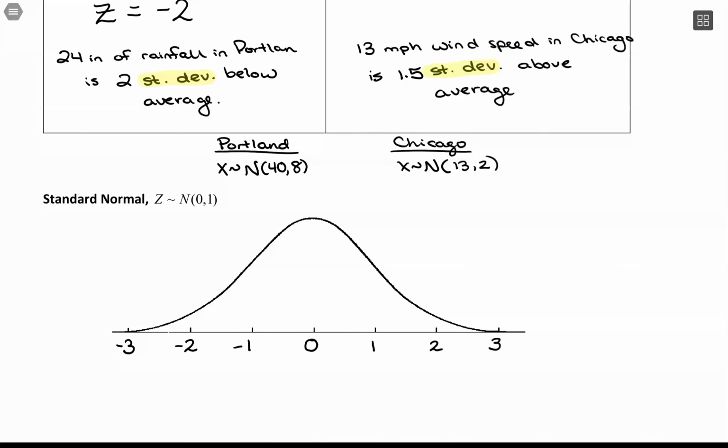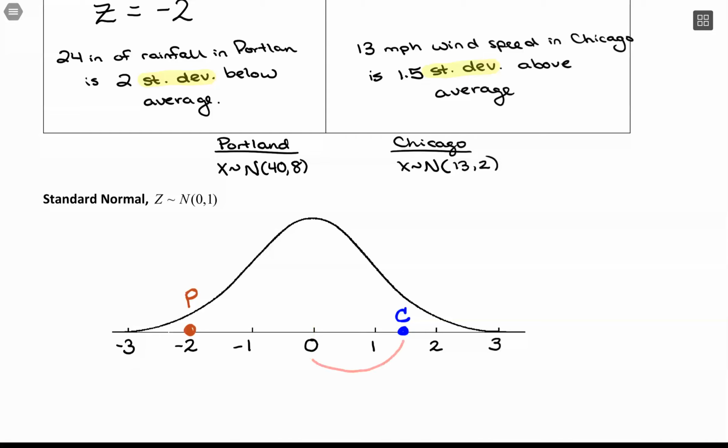So Portland with a z-score of -2 is out here, and Chicago wind speed with a +1.5 was landing here. So if we want to answer that question of which event was more extraordinary, we'd want to see which is further from 0, because 0 is the mean in terms of z-scores.